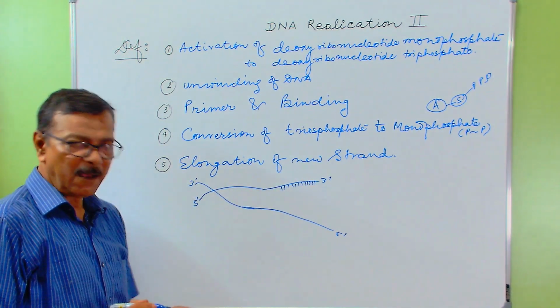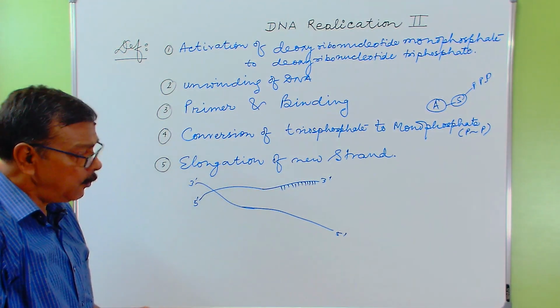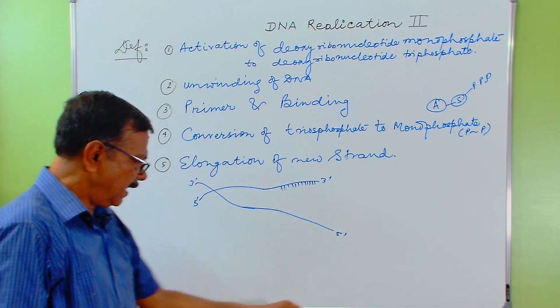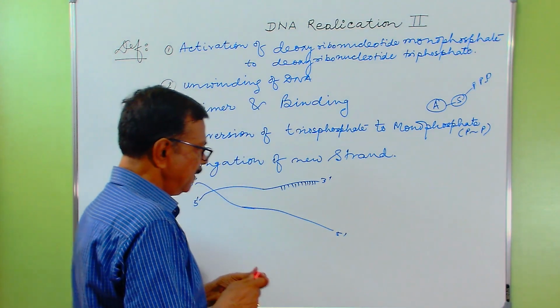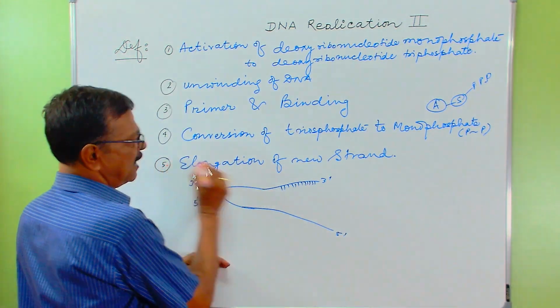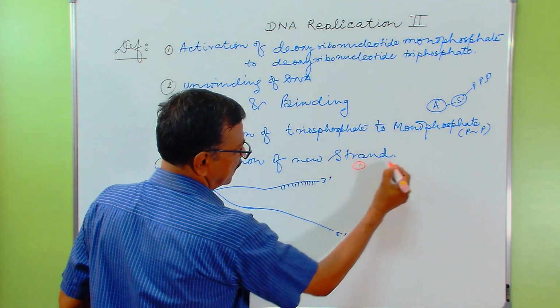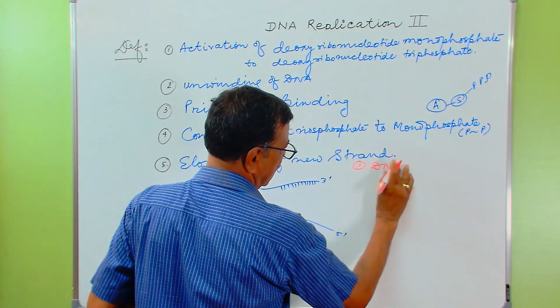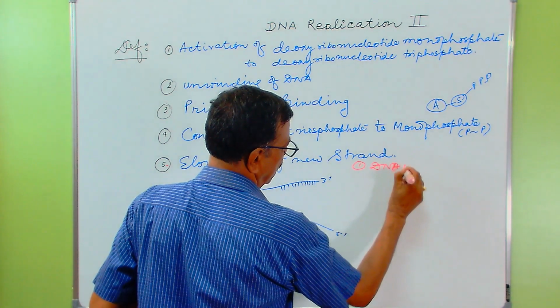That is elongation of the new strand. Who elongates this? The elongation is done by DNA polymerase.